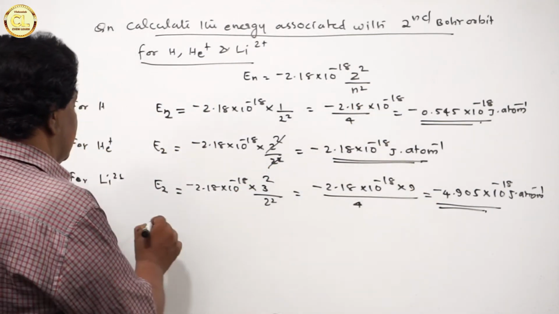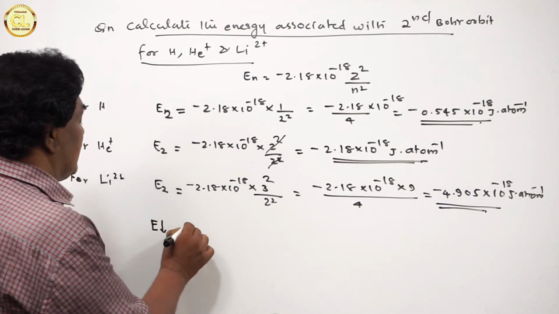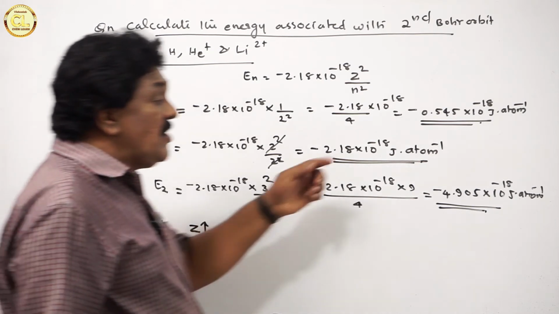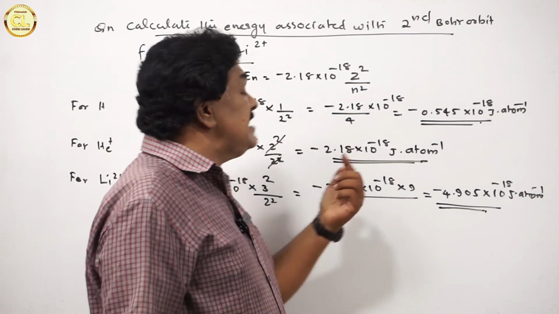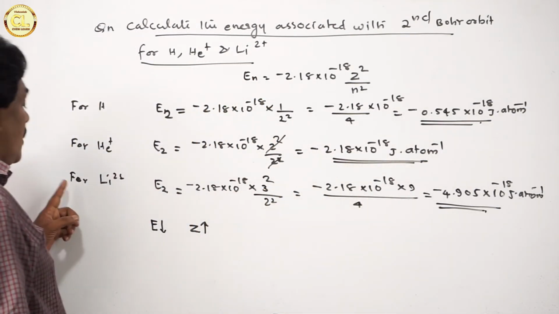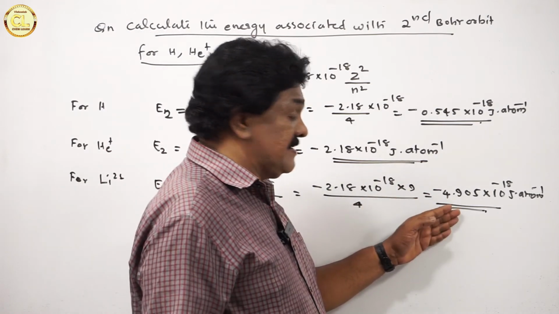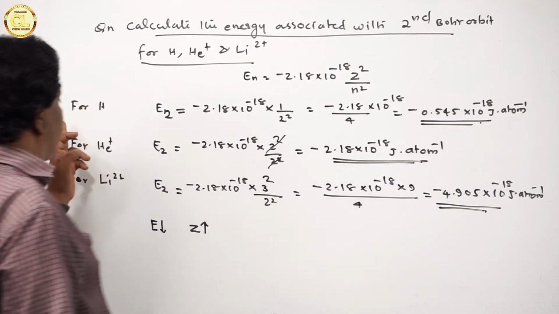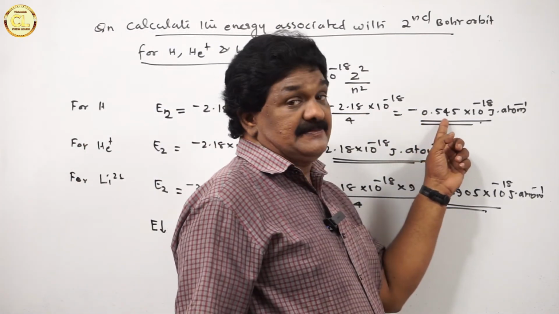Therefore, the positive energy value decreases with the increase in atomic number. See, for Li2+, the positive energy value is minimum, but for H, the positive energy value is maximum.